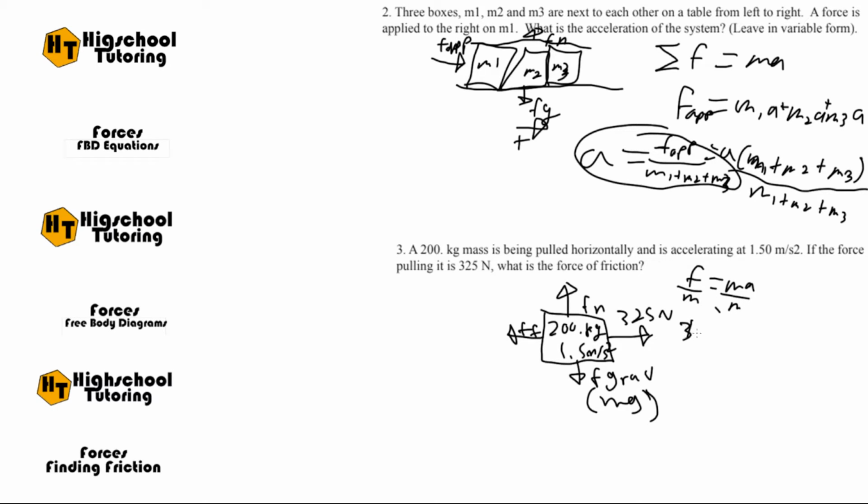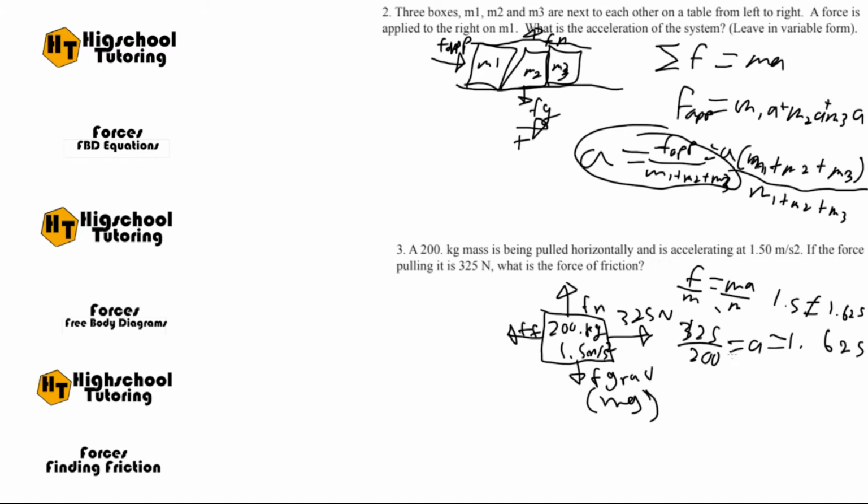So 325 divided by 200 is equal to a, that's equal to 1.625. So that clearly is not equal to 1.5. Those are not equal to each other.